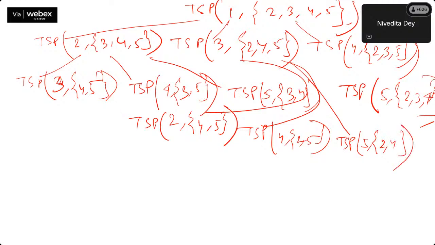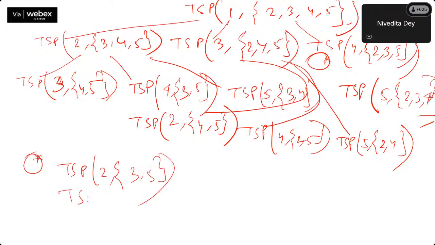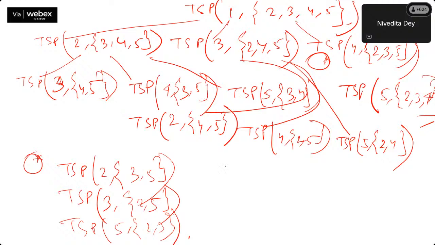Now this one will be, let me write here, TSP 2, 3, 5.